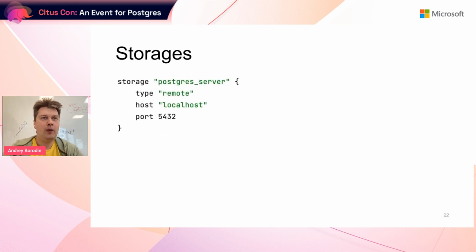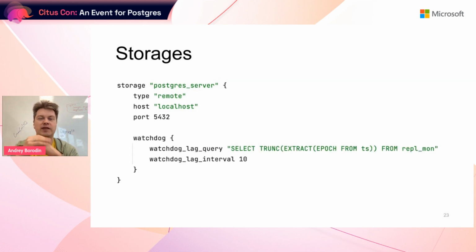What does it mean? When you specify a Postgres server in an Odyssey config, you can say that you connect to that host on that port using these credentials, etc. And you can specify a so-called watchdog. Watchdog is a query that will be executed against the server every watchdog lag interval and asks the server what is the time of the last replication record that you applied.